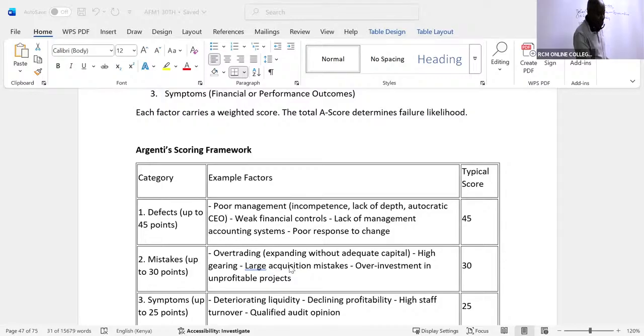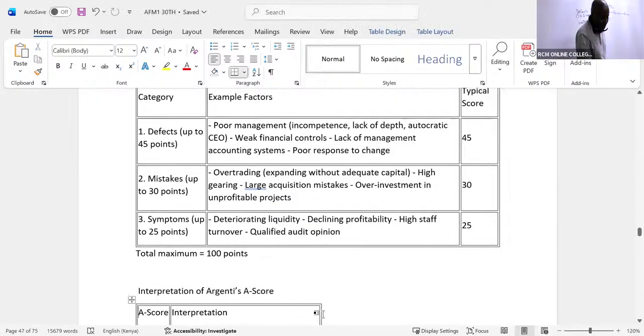Then we have symptoms, up to 25 points: deteriorating liquidity, you don't have enough liquidity, declining profitability, high staff turnover, or, for example, you got a qualified audit opinion in your last year's financial statements. So have you been able to put a score there? I know nobody's doing a total of 100.